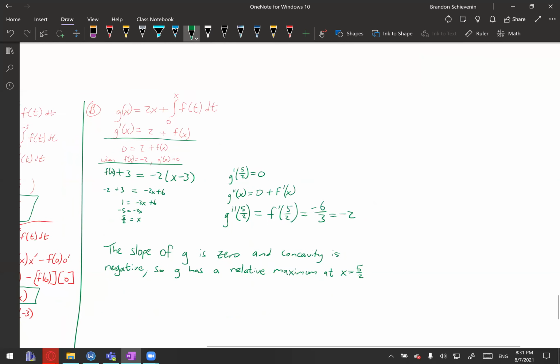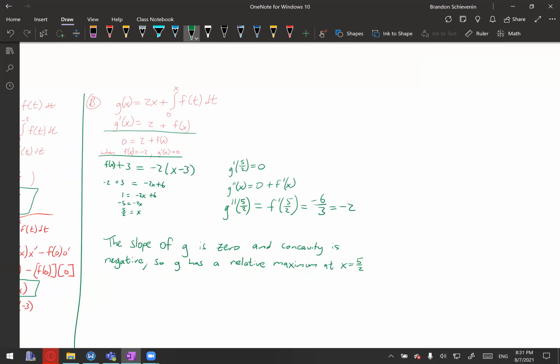On our AP exam, I wouldn't actually need to write that out, but I could say something like, as g prime at 5/2 is 0 and g prime prime at 5/2 is negative, therefore g has a relative maximum at 5/2.